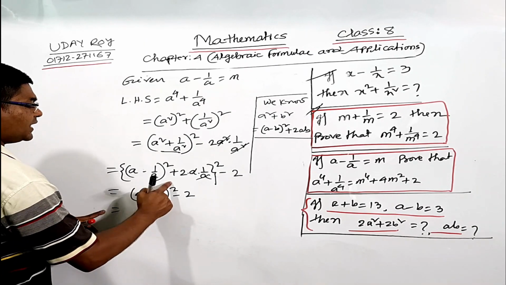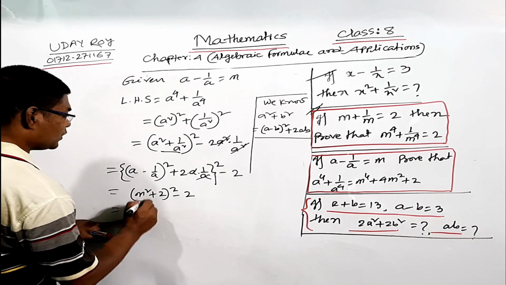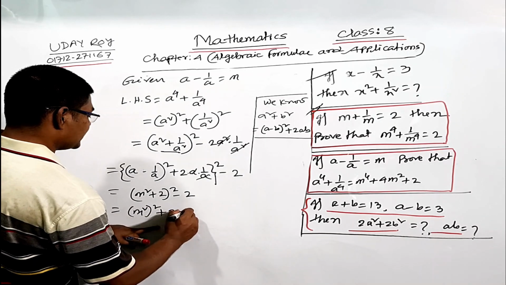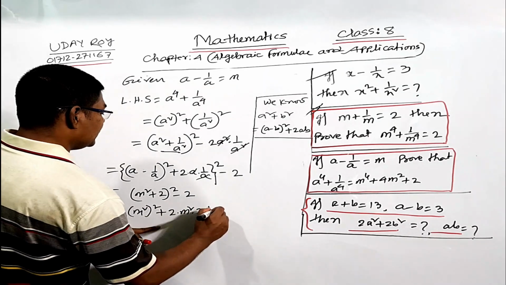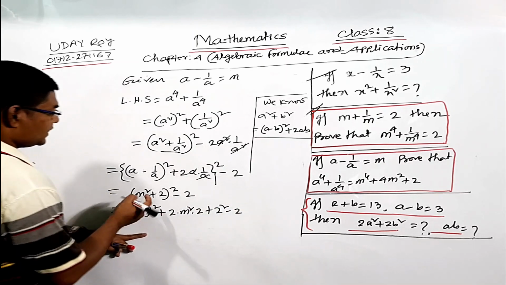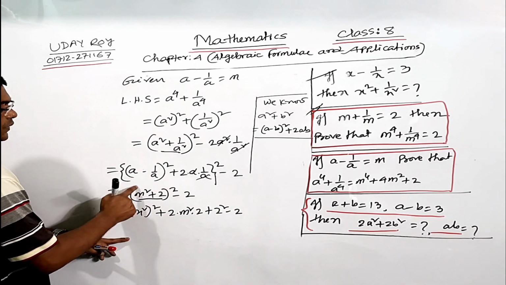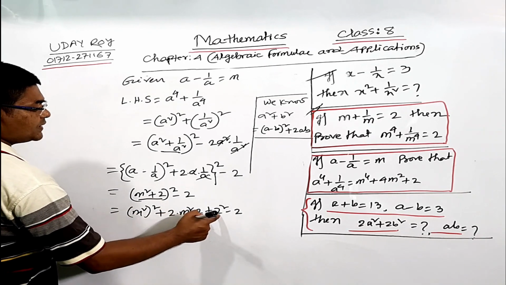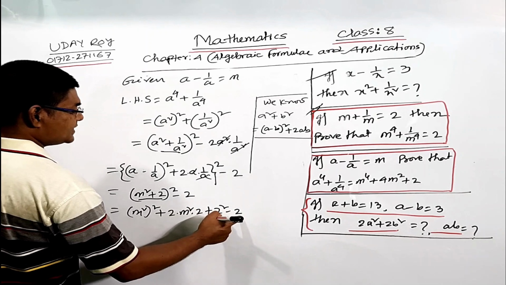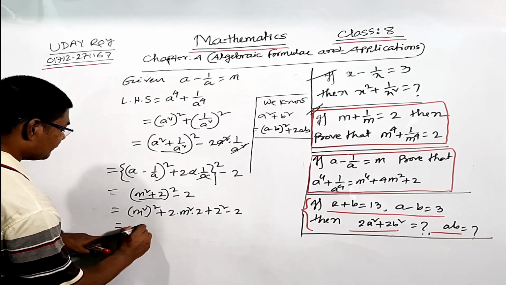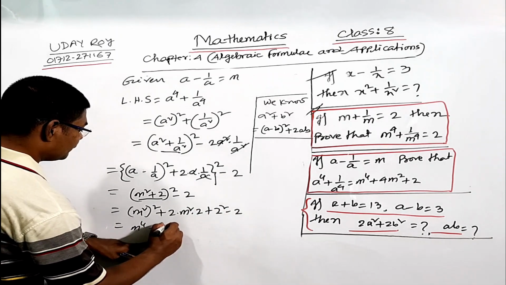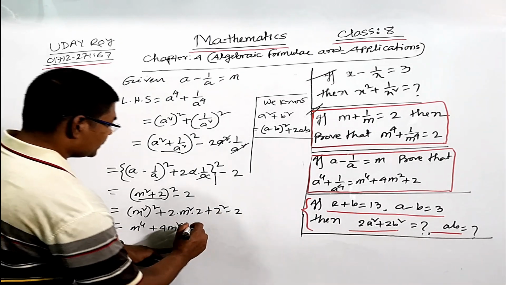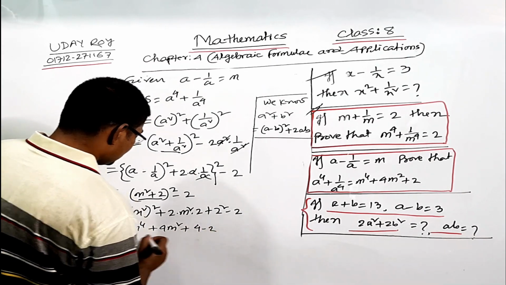This is also (a plus b) whole square minus 2. So use the rules of (a plus b) whole square, that means a square plus twice ab plus b square. Here we get (m square plus 2) whole square minus 2, which is m to the power 4 plus 4m square plus 4 minus 2.